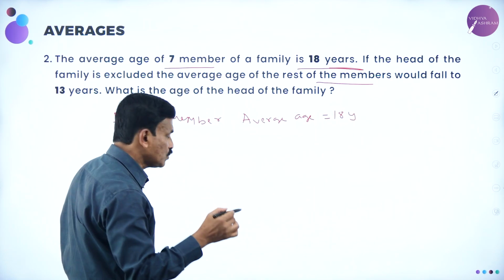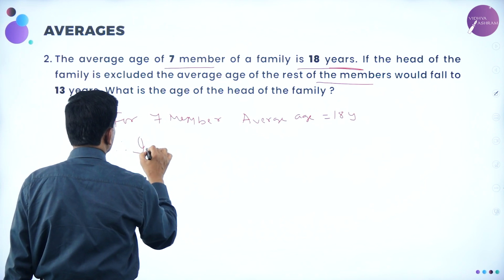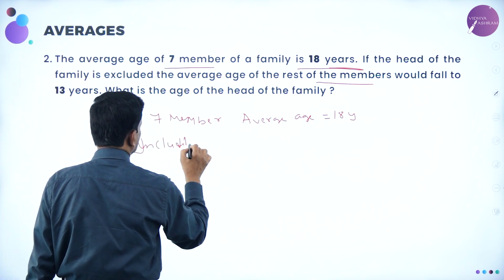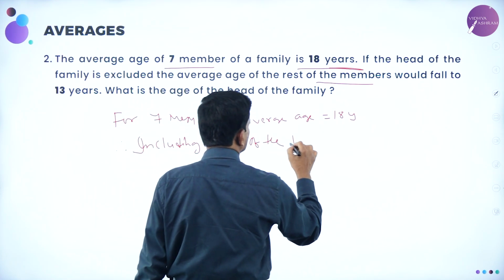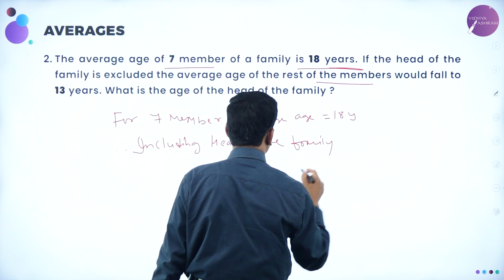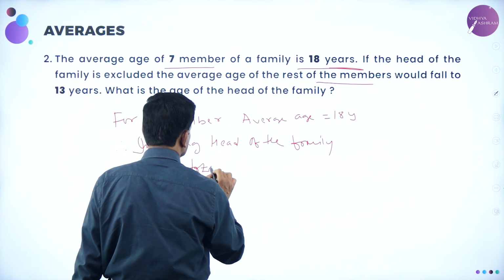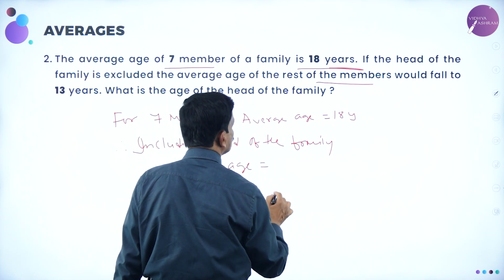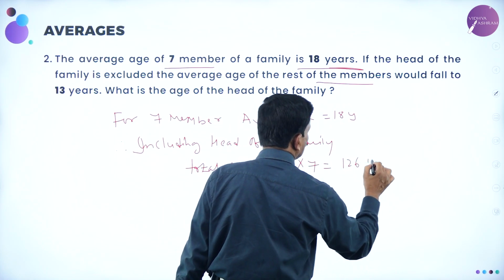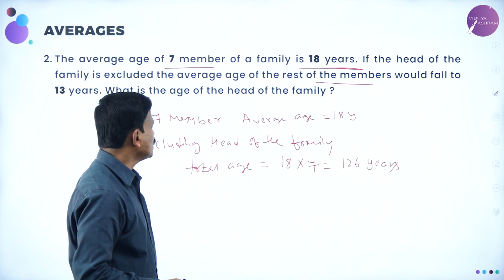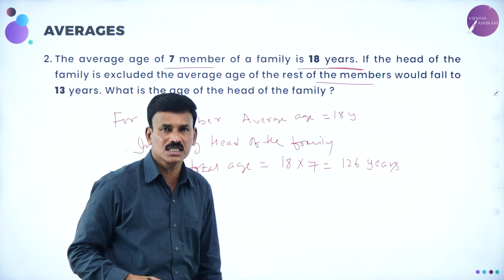Therefore, including the head of the family, the total age is equal to 18 into 7, that's equal to 126 years.